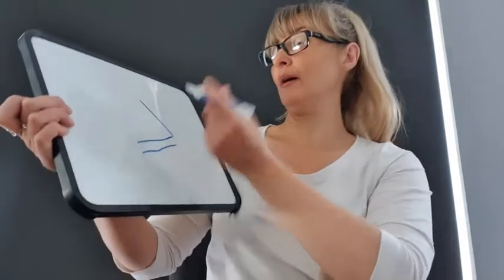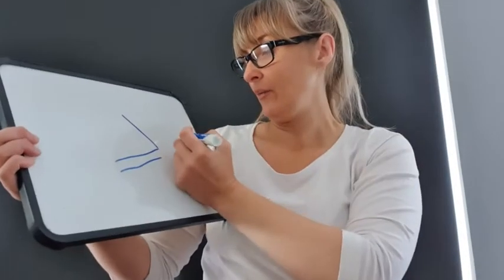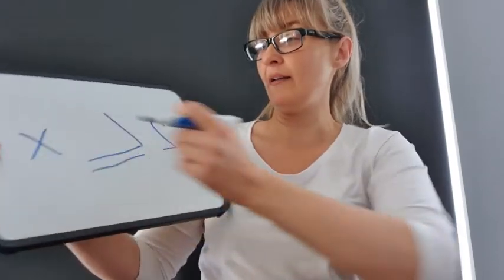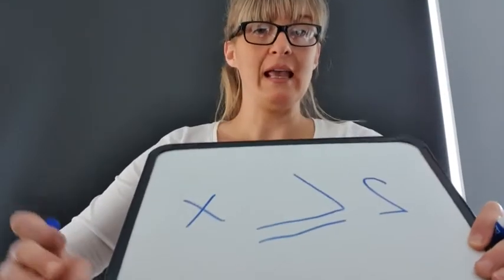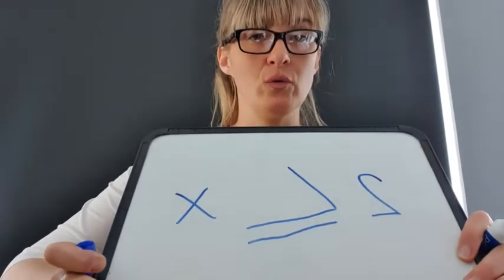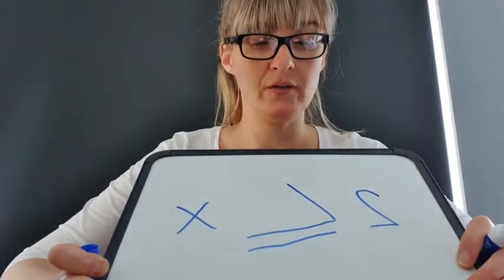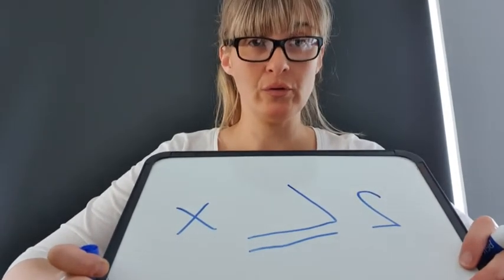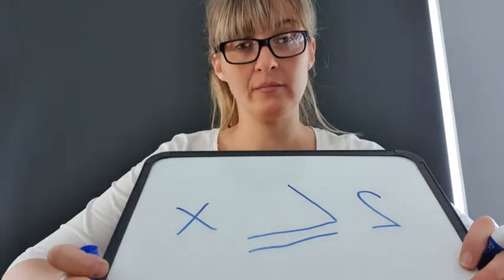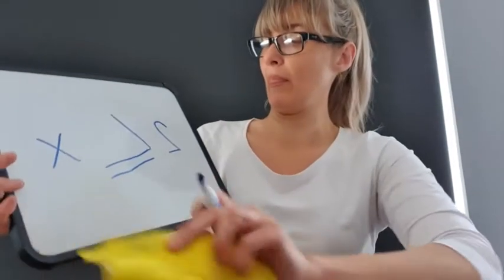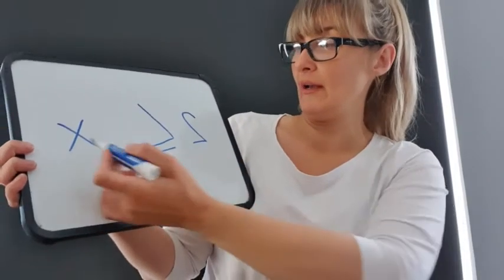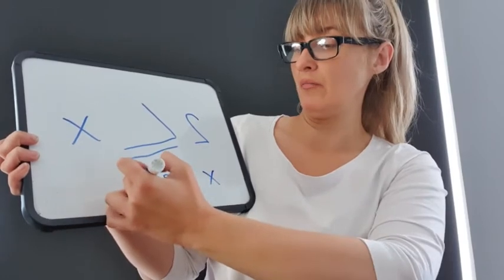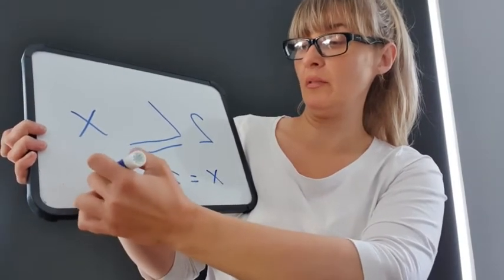So if we put a 2 here and an x here, then that means that x is greater than 2, and we know that because of the way Colin's facing. But the equal sign underneath, that means that x can equal to or be greater than. So for an example, x could equal 2, 3, 4, etc.